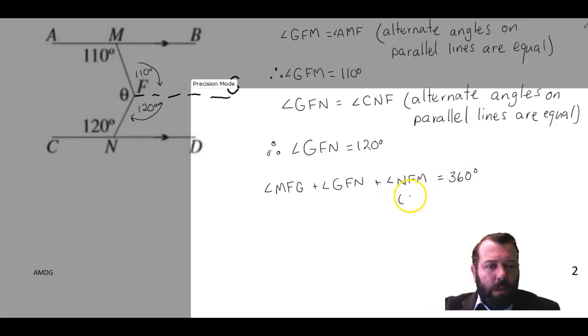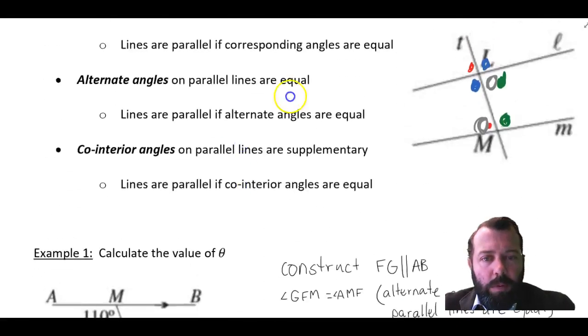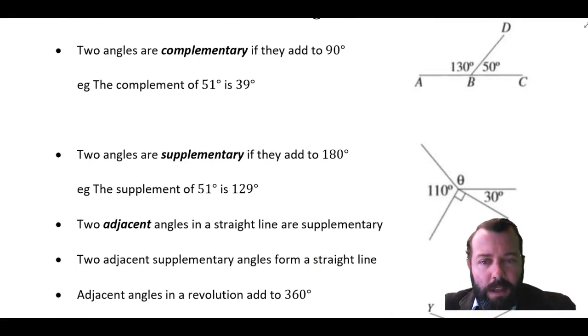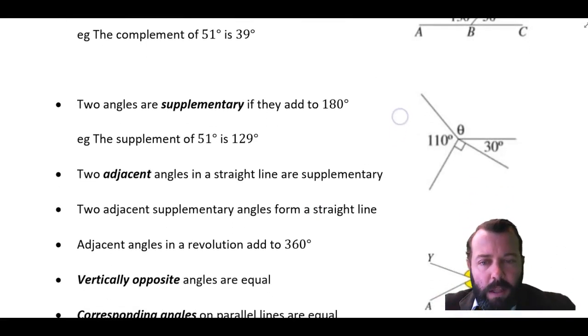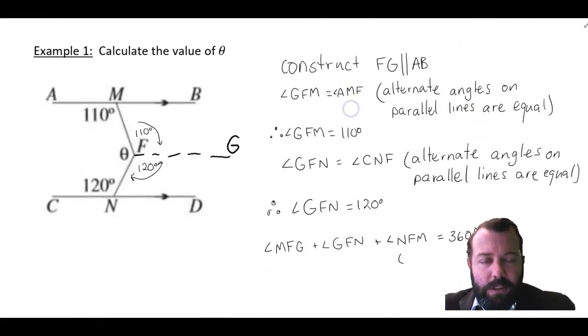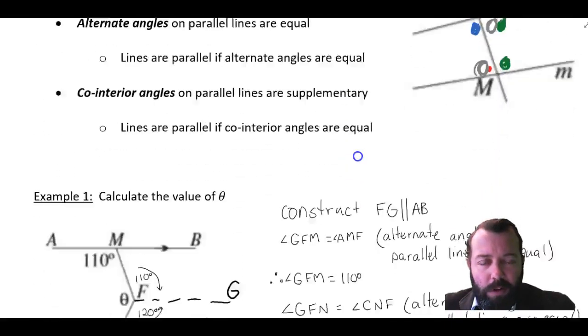Because adjacent angles, actually, let's just check what we say here, there is a statement here that says that adjacent angles in a revolution add to 360 degrees. Right, there's my statement. That's what I'm going to write.